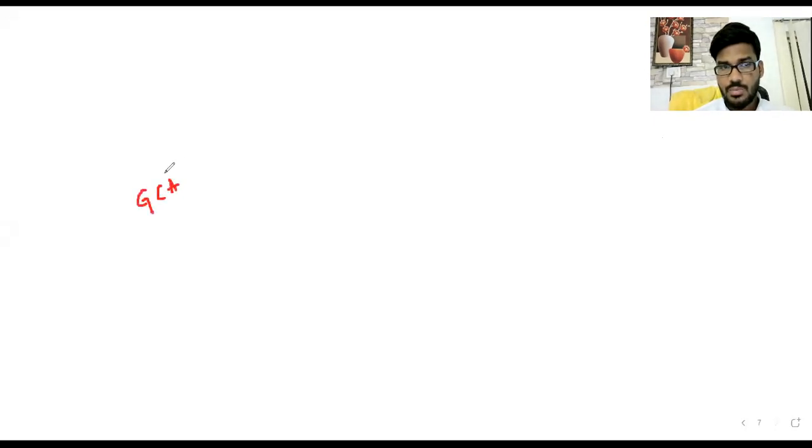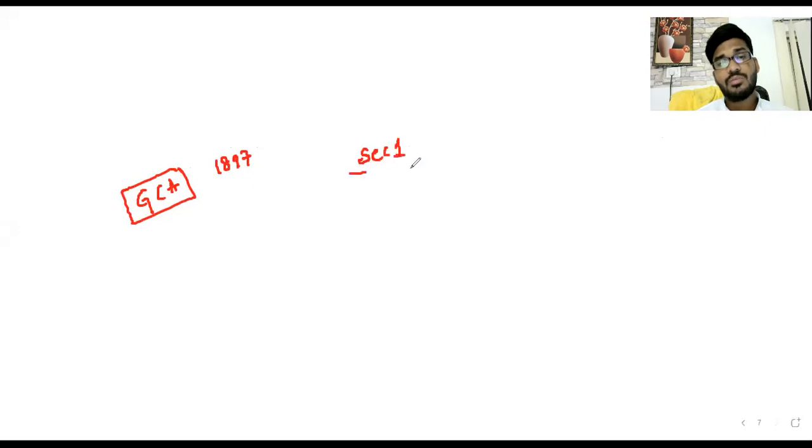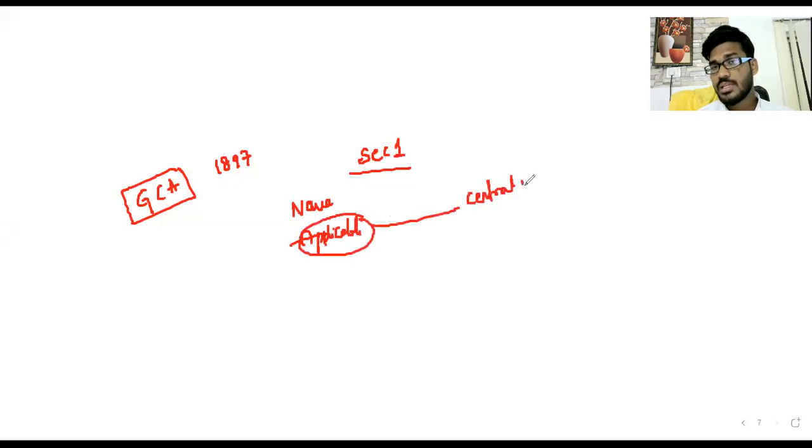Today we are discussing the General Clauses Act 1897, and in it we discussed Section 1 only: the name of the act and its applicability. It is applicable to central acts. What is meant by a central act?